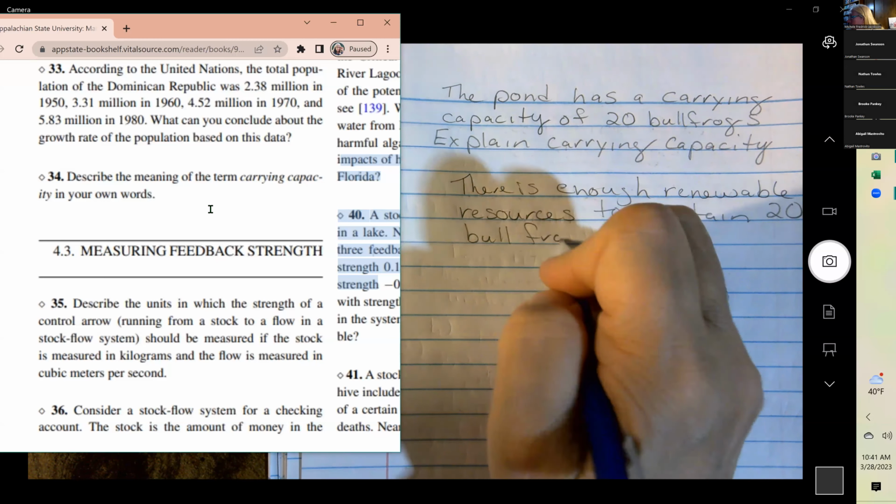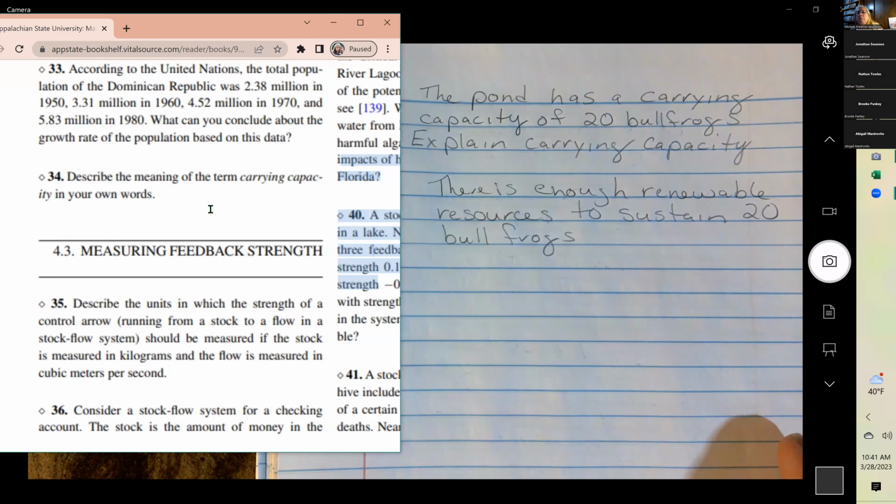So that would be one way of saying it. The pond can have up to 20 bullfrogs and still be able to sustain them and grow. Any questions on that?